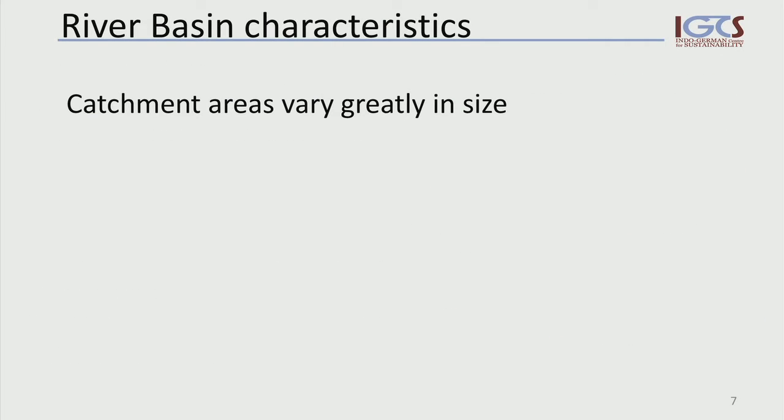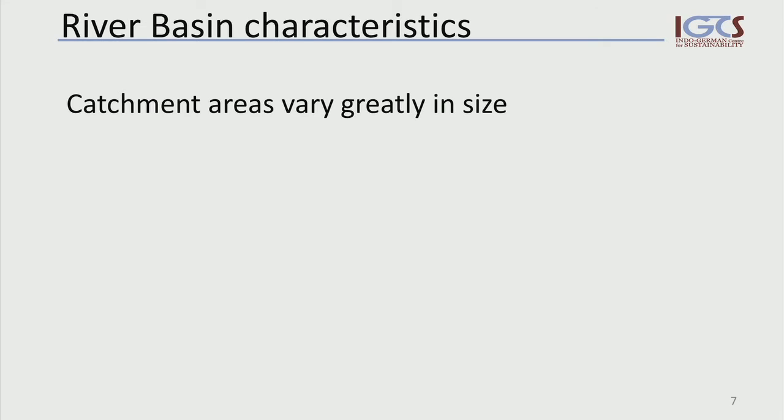Now, river basins appear in very different sizes, from a few square kilometers to many hundreds of thousands of square kilometers. And India has several examples of these very large river catchments in the north, for example, or comparably small river catchments to the west, southwest.